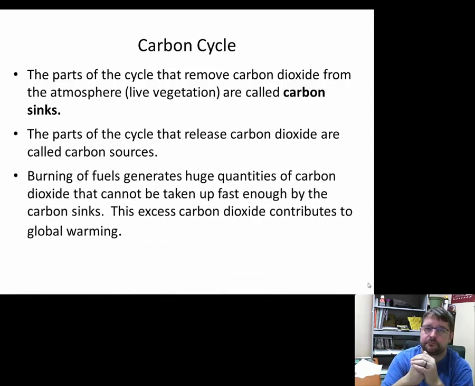And we know that burning ancient carbon, so burning fuels like coal, natural gas, and oil, releases carbon dioxide into the atmosphere at a faster rate than plants can take it up. We know this because we can measure it.